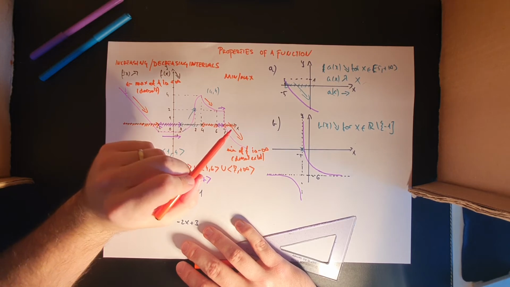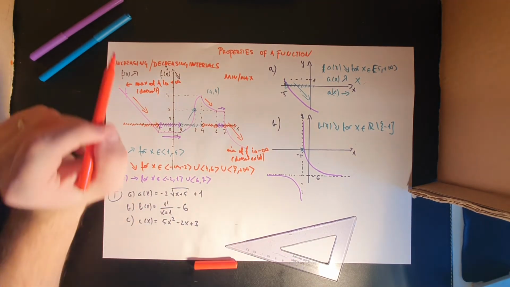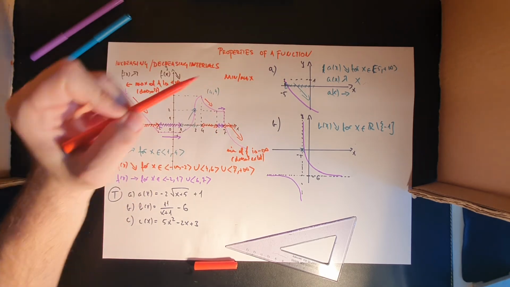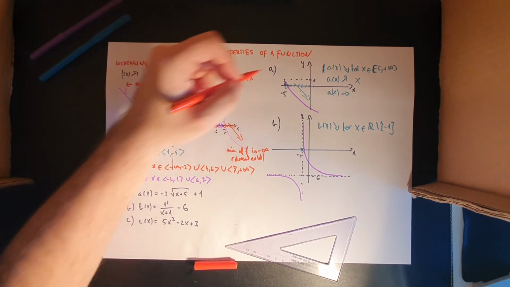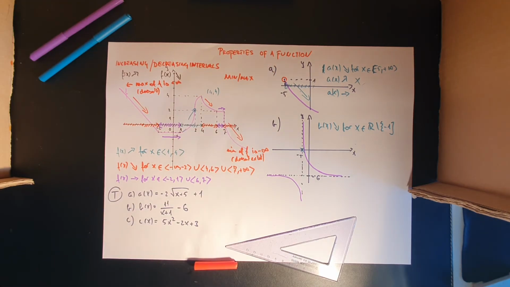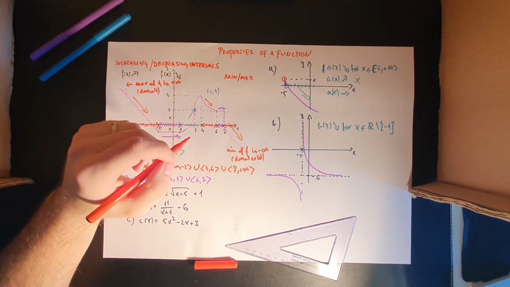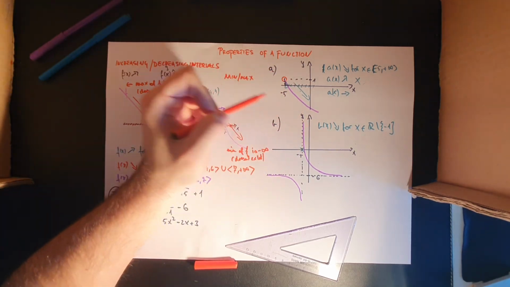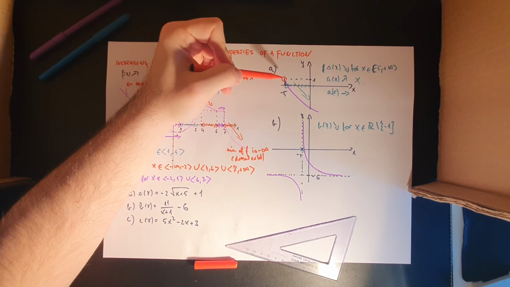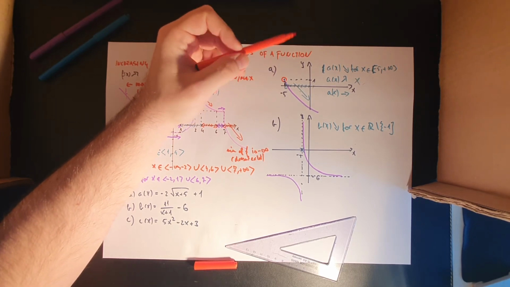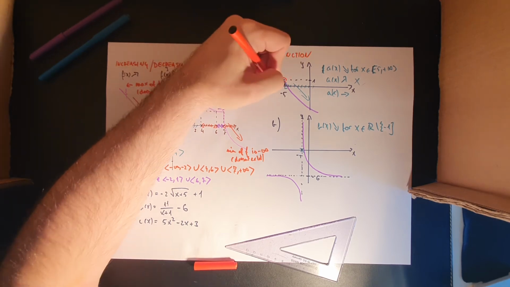Now, what is an example where we actually have a minimum or maximum value? Let's take a look at the function a. If you take a look at this point, this point is certainly the highest point considering all the others on the curve, meaning here is where the maximum value lies.